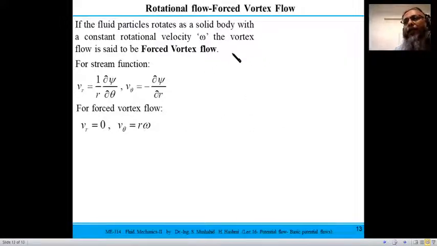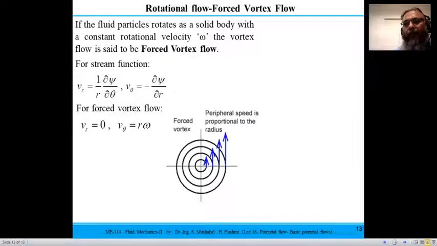Let's say you have a disk, and if you are rotating the disk and you put some particles at the edges, their radius is much bigger, so their velocity is much higher. As you go close to the origin or center of rotation, the magnitude of velocity decreases. That is the behavior of forced vortex flow. The corresponding stream function I can easily work out by substituting the expression for tangential velocity, which is r times omega.